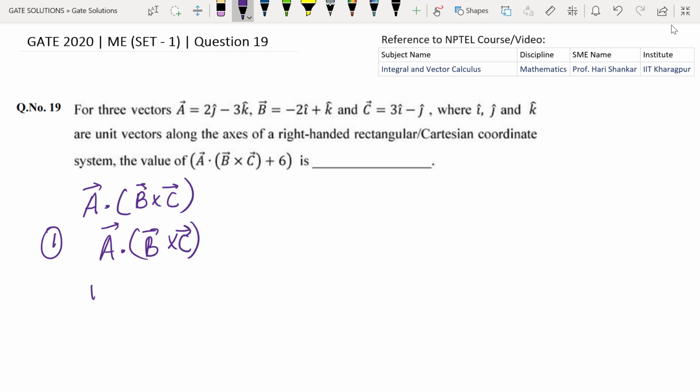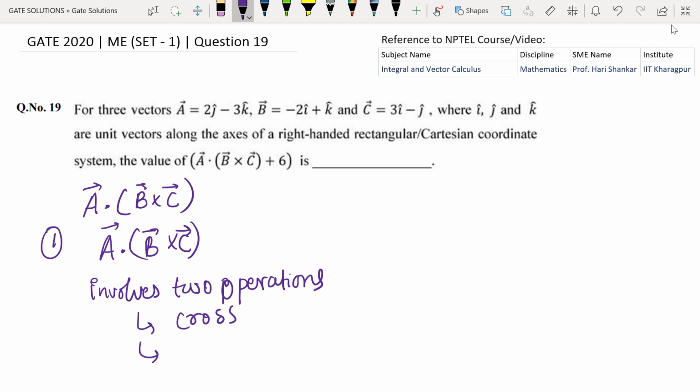So it involves two operations. The first one is cross product and the second one is dot product. So it is a bit lengthy process.